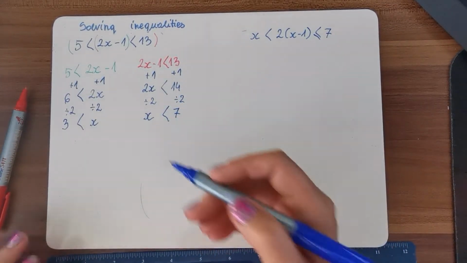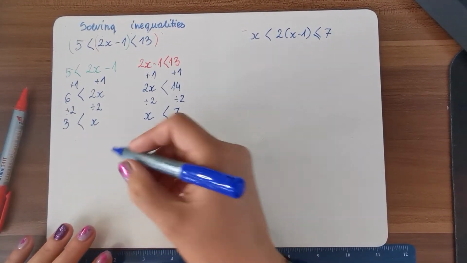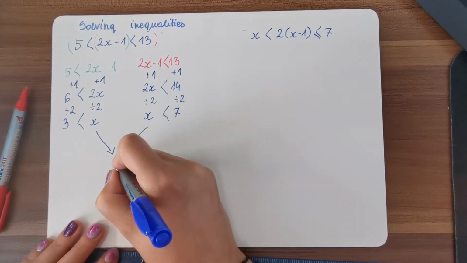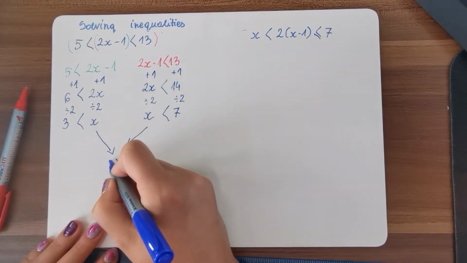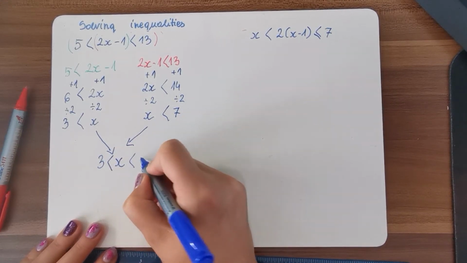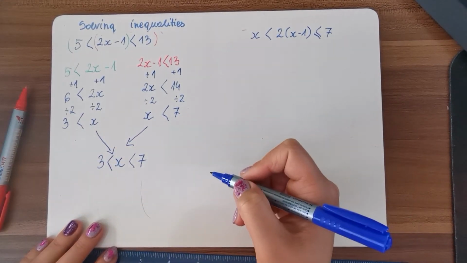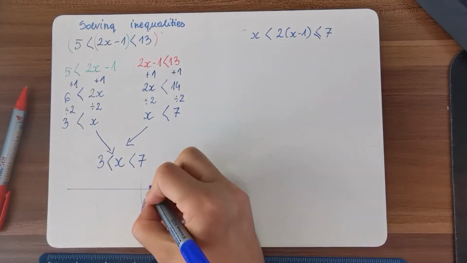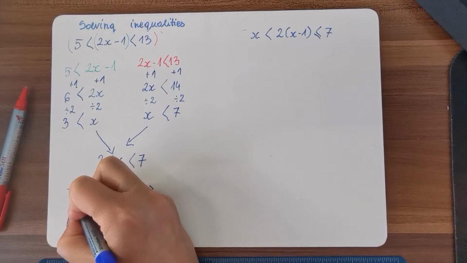And now we need to join these two inequalities into one. So we will get x must be larger than 3, but smaller than 7. If you would like to show the solution on a number line, we need to draw our number line.